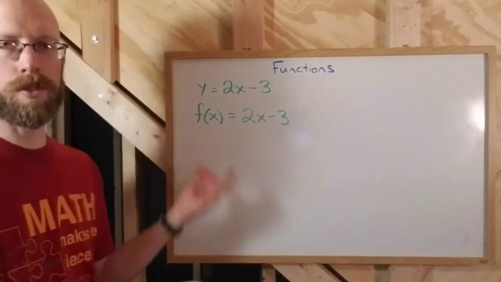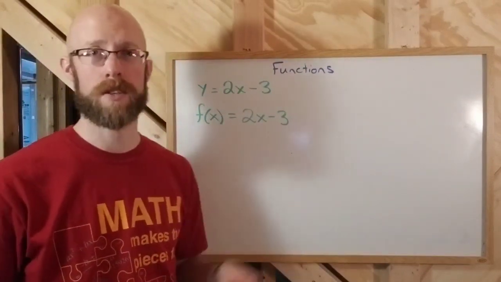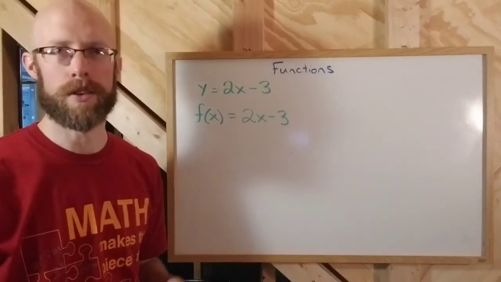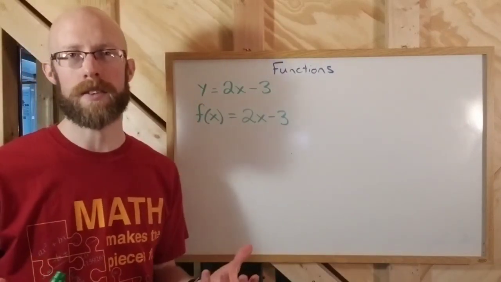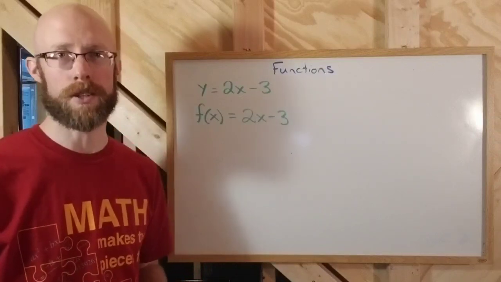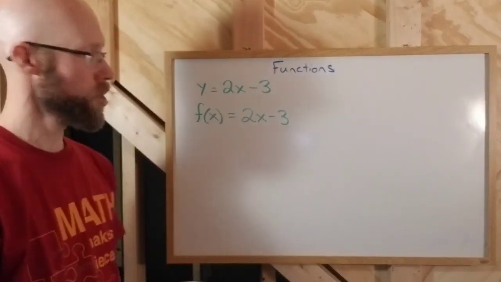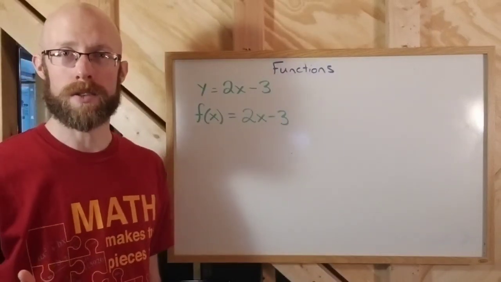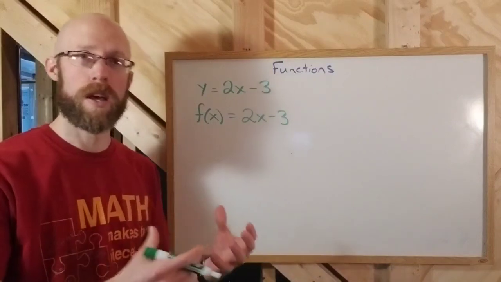We generally use the letter f for this because it stands for function. It's a function of x. However, you could use g of x or h of x or c of x or anything you wanted to, depending upon the situation. So in this case, I'm going to write f of x equals 2x minus 3. Now, why is this useful? Because it nicely relates the inputs and the outputs.